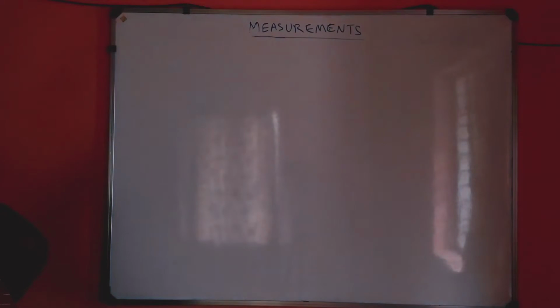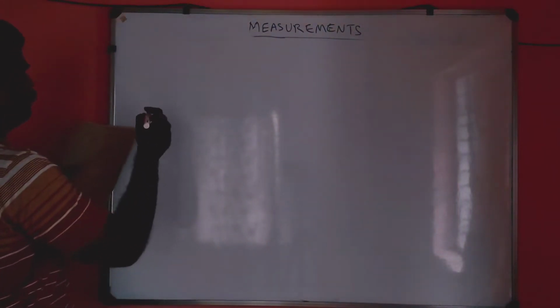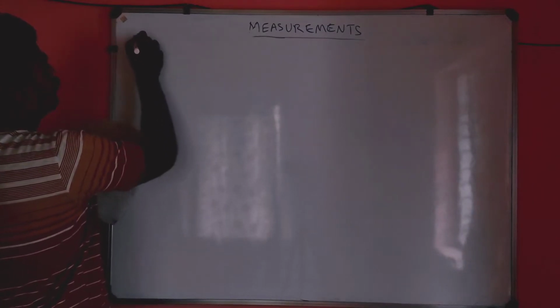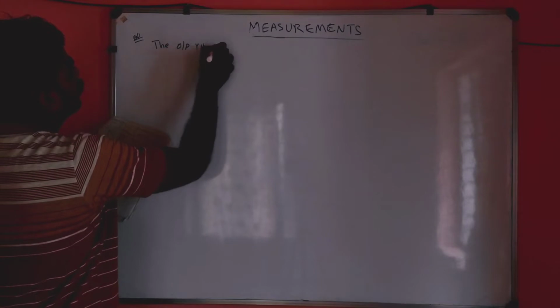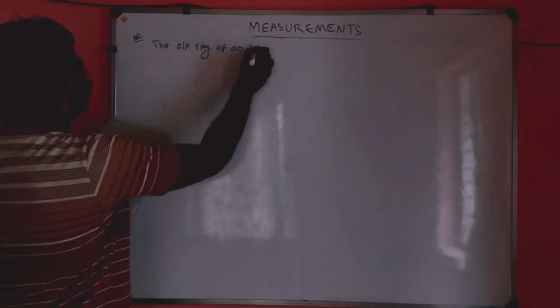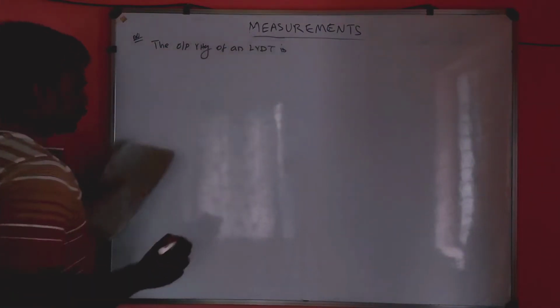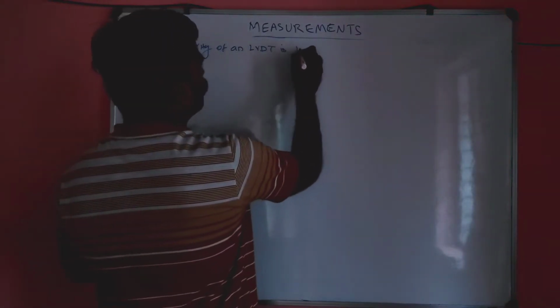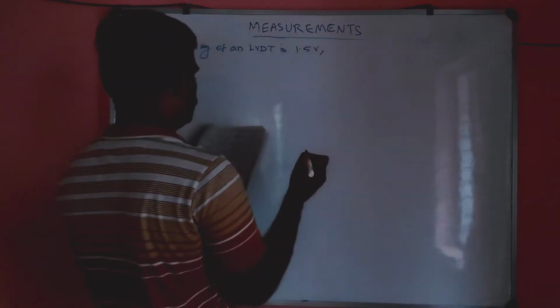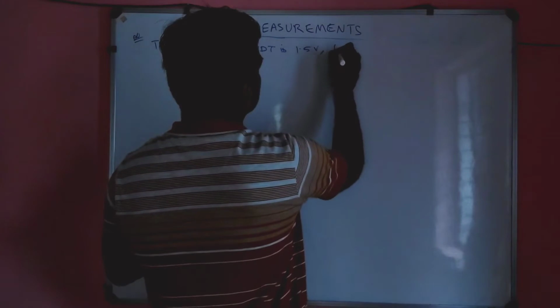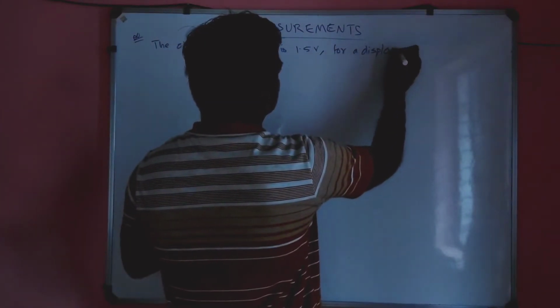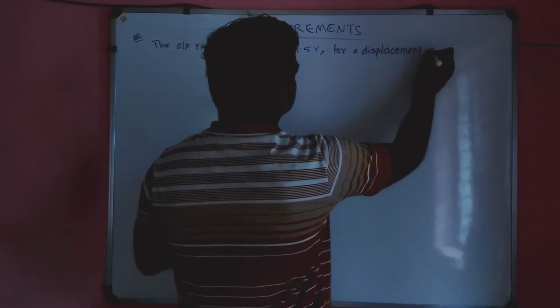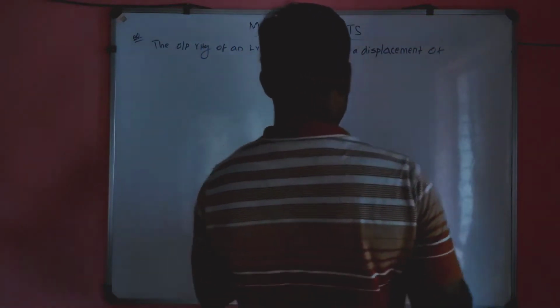Next, write a problem. The output voltage of an LVDT is 1.5 volt for a displacement of 10 mm.